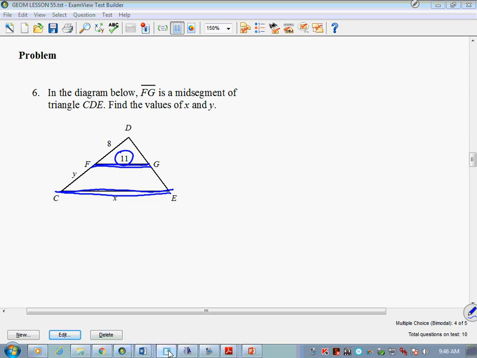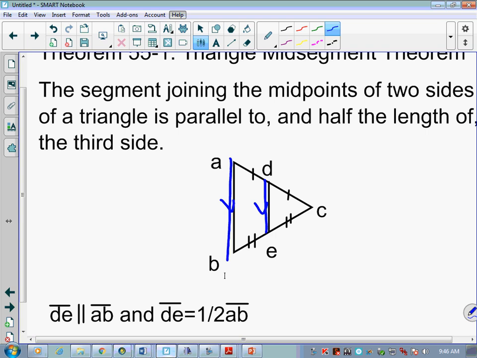All right, let's come back here again. If DE was 4, then AB would be 8, because DE is 1/2 of AB. So I would have to double it to find AB. Does that help you out a little bit?